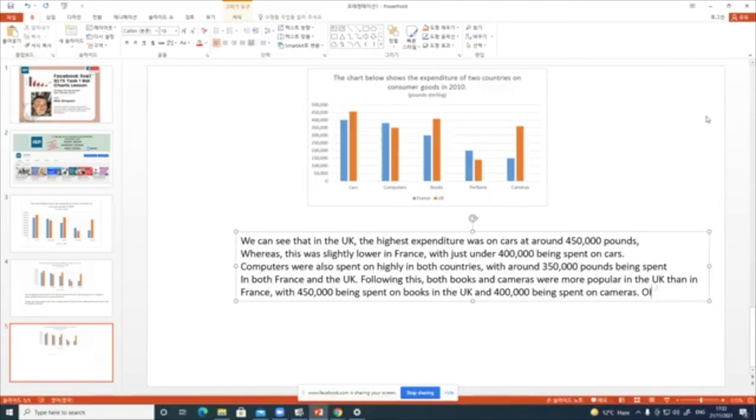In France, this expenditure was considerably lower, with only 400,000 on books, and cameras is really low, maybe 170,000 being spent on each respective item.